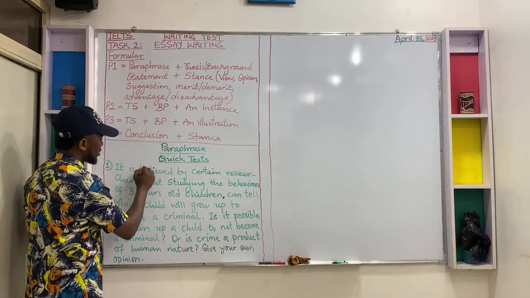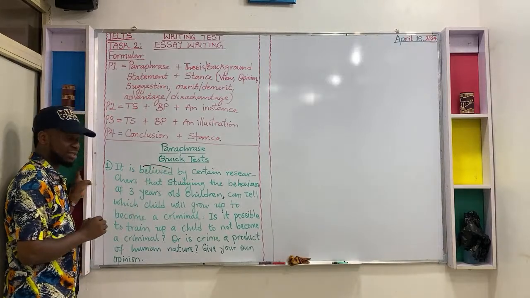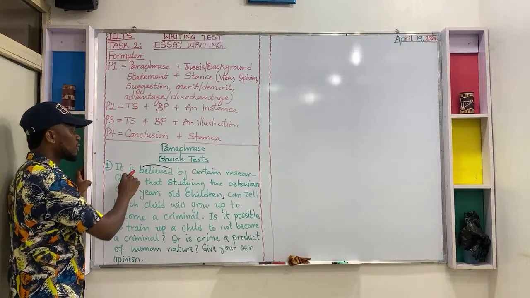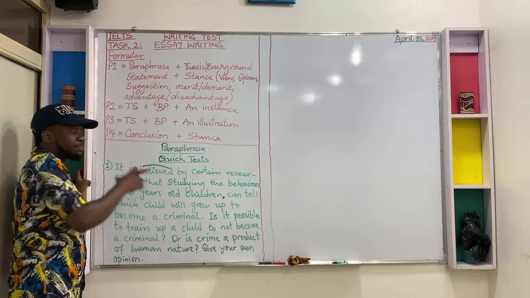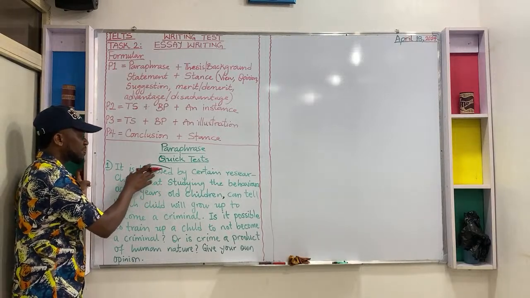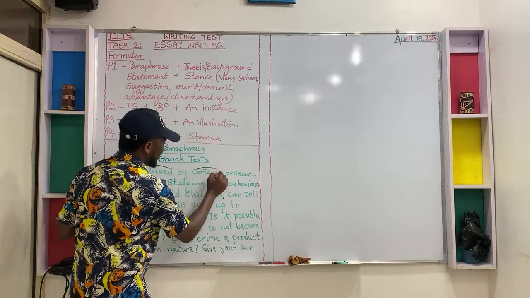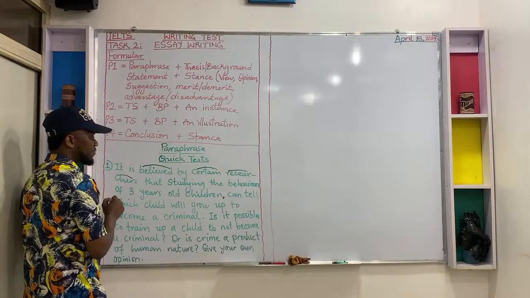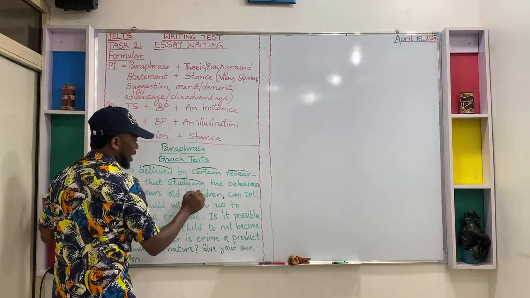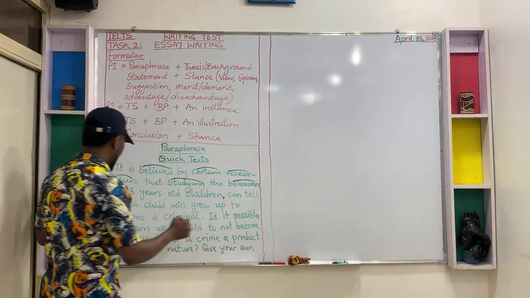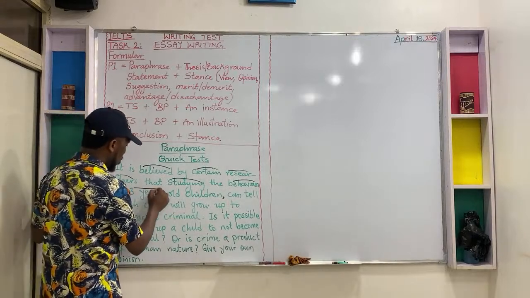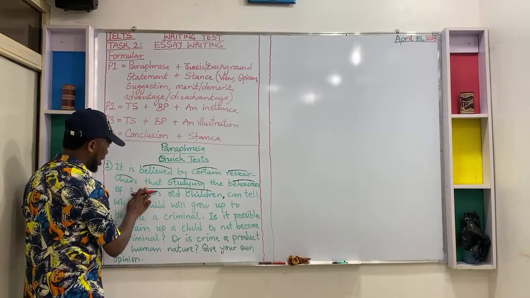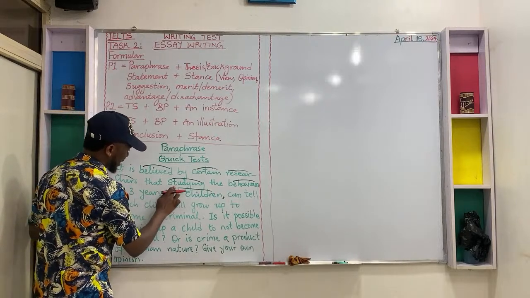It is believed. So believed, I can paraphrase it. So on my question paper, I would use my pen or my pencil to identify the words I can paraphrase. So I can paraphrase believed, I can paraphrase certain, I can paraphrase researchers, I can paraphrase studying, I can paraphrase behaviors, I can paraphrase 3-year-old. Okay, maybe I will just paraphrase children in this context.